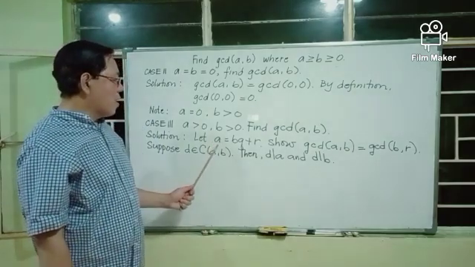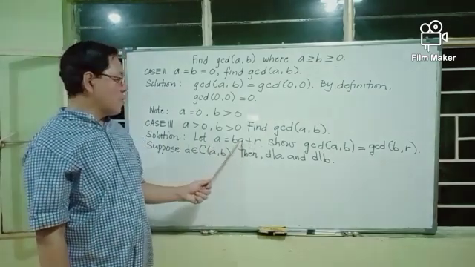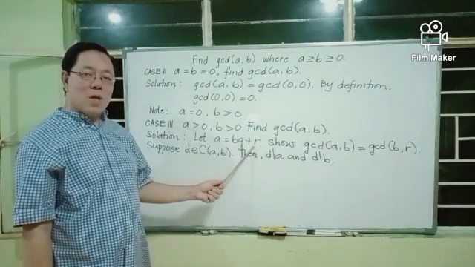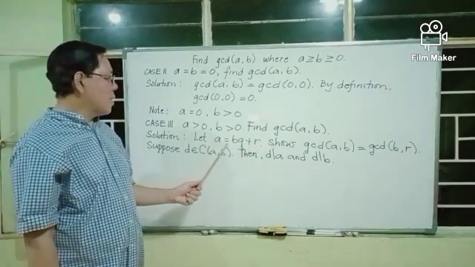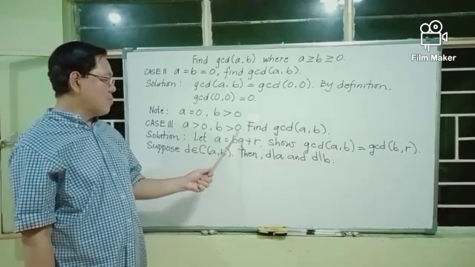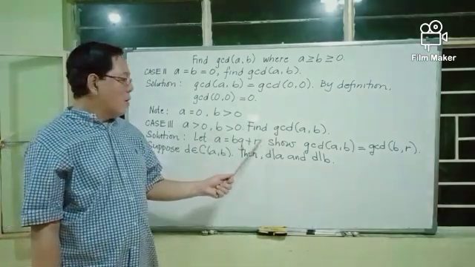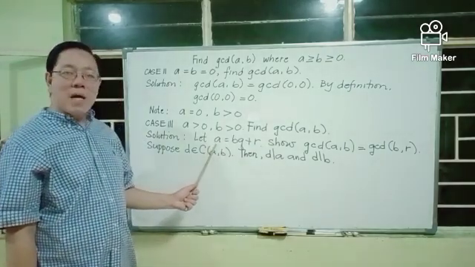If D divides A and B, then D also divides R. We solve for R from this equation by transposing BQ to the left-hand side. Transpose BQ to the left-hand side, you get A minus BQ equals R, or R is equal to A minus BQ.